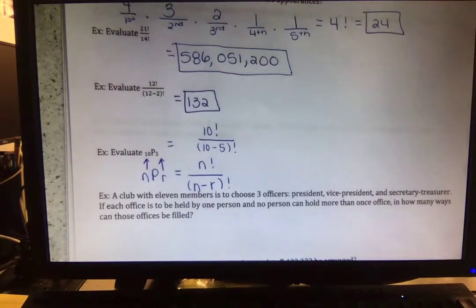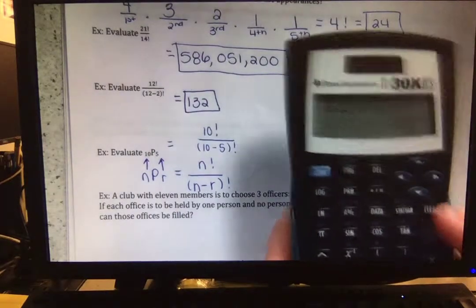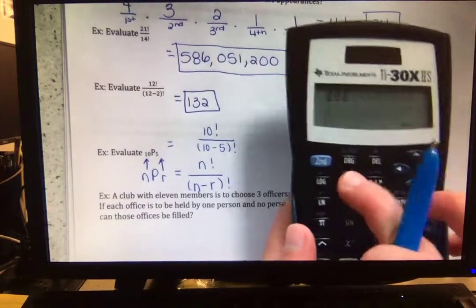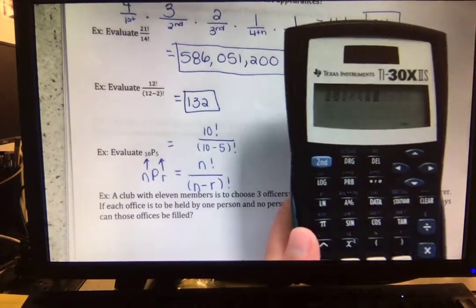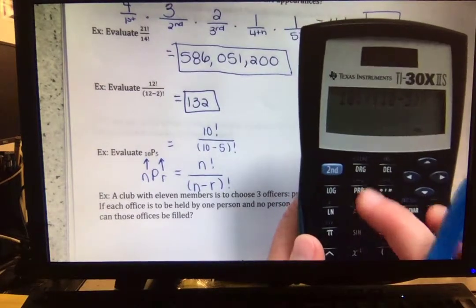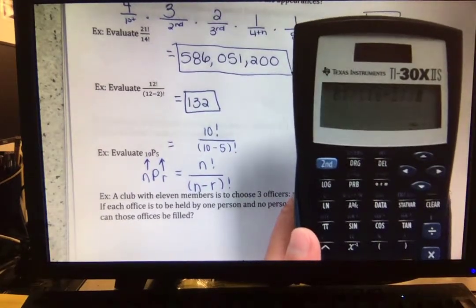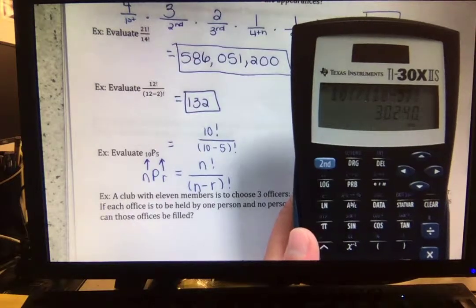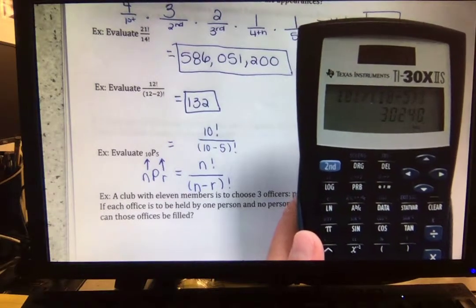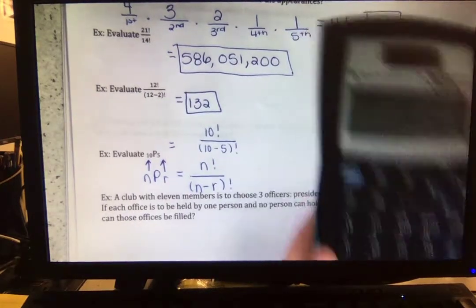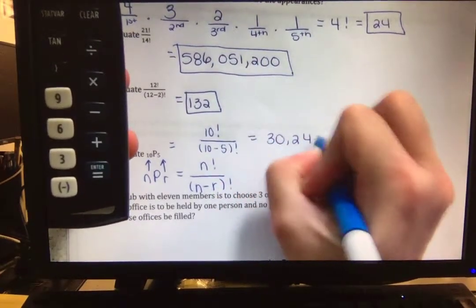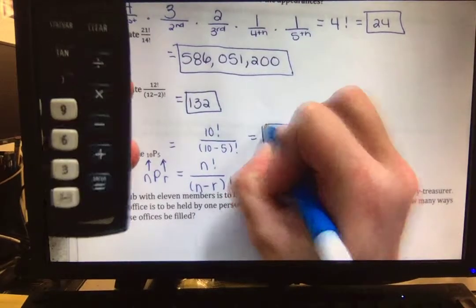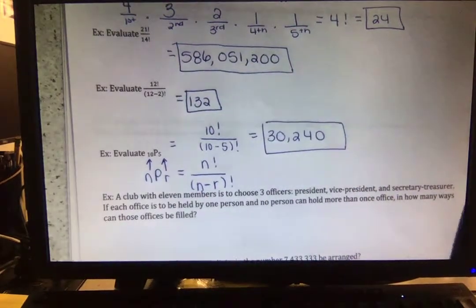Just like we did it in our calculator, 10 factorial divided by, in parentheses, 10 minus 5 factorial. I got 30,240. Do we agree? Yes. Perfect.